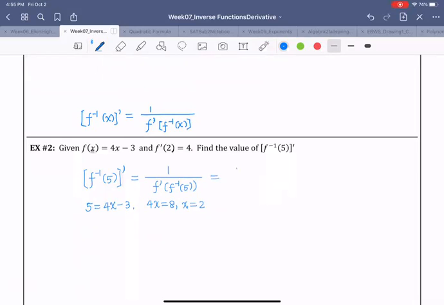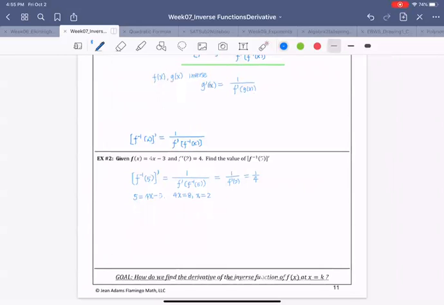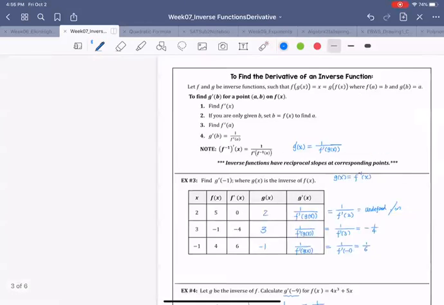So that means this is 1 over f prime at 2. f prime of 2 is 1/4. I said 1/4 in the beginning because f prime of x will always equal 4 for every x value you plug in. So I didn't even have to do this to find the answer, but they want us to show work, so whatever.